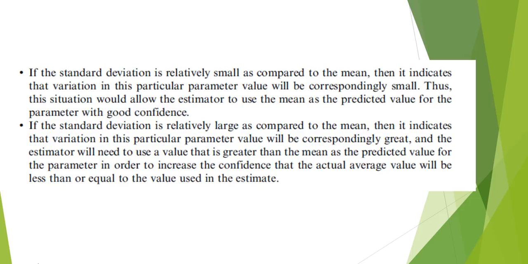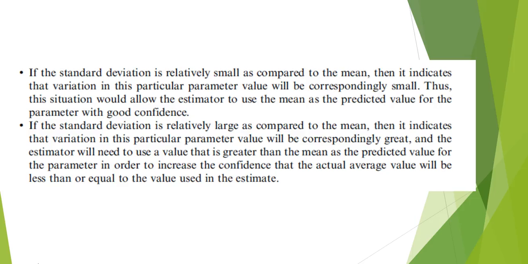So what that leads you to is that you can use the mean as a predicted value for the parameter with good confidence, but also that your number is going to stay very tight. The different simulation values, the outcomes, are going to be fairly close together.